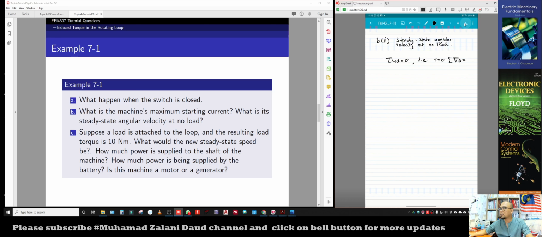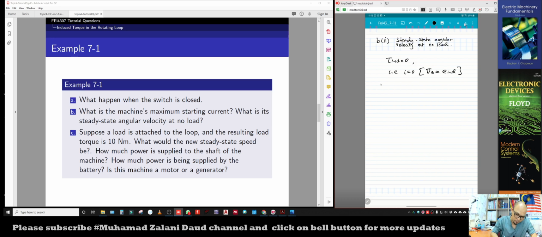V_B equals E_in. Let me just write it down here: torque is 0, therefore I is also 0, and then V_B equals E_in.